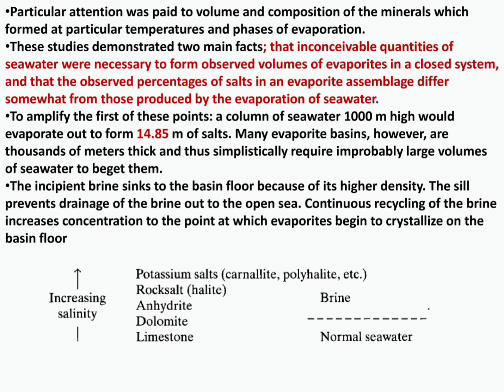You have learnt in igneous rocks about sills and dikes. Dikes are the vertical migration of magma and sills are the horizontal migration. So here the high density saline water acts as a sill. These sills prevent drainage of the brine out to the open ocean, hindering the movement of seawater to the open ocean.